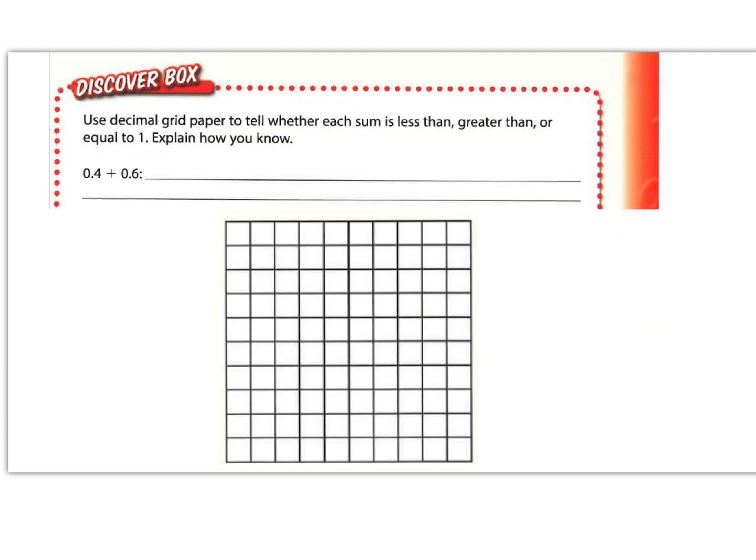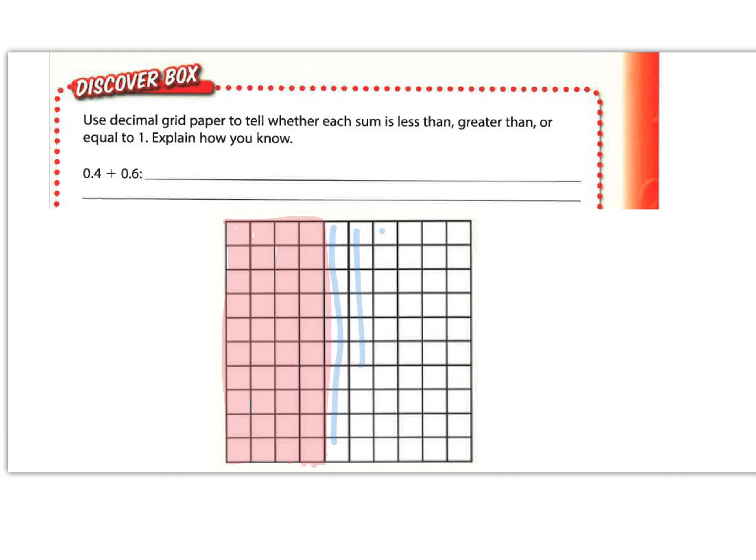So it says use decimal grid paper to tell whether each sum is less than, greater than, or equal to 1. And then explain how you know. So we have 0 and 4 tenths plus 0 and 6 tenths. Well, let's do what we've been doing and shade in 4 tenths. So we know that this is 1, 2, 3, 4. I'll shade that in. Now I'm going to shade in 6 tenths.